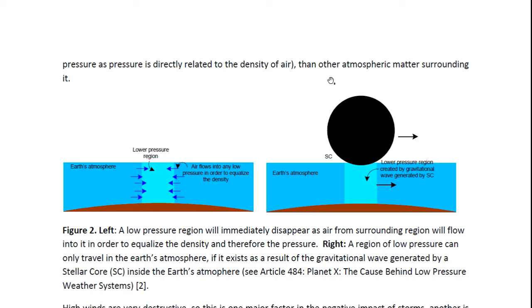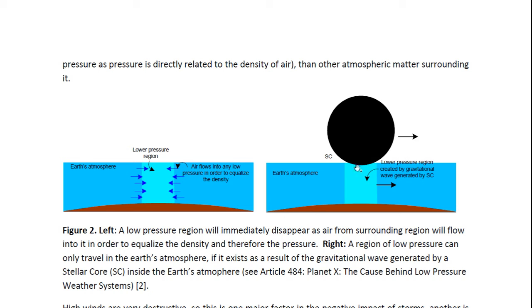And so it is the stellar core that's attracting this matter that's in the atmosphere, and it's between the stellar core and the surface of the Earth. So it is the stellar core that creates a low pressure.